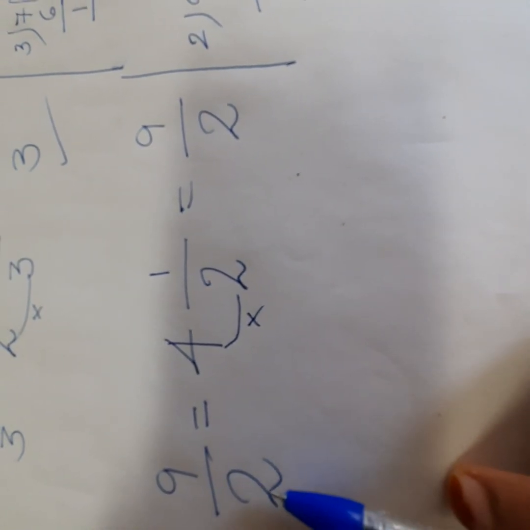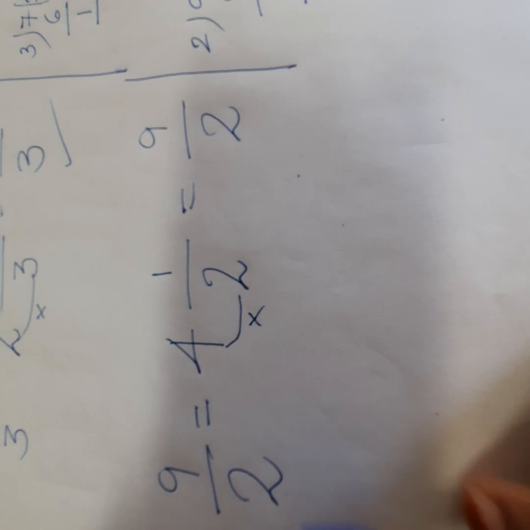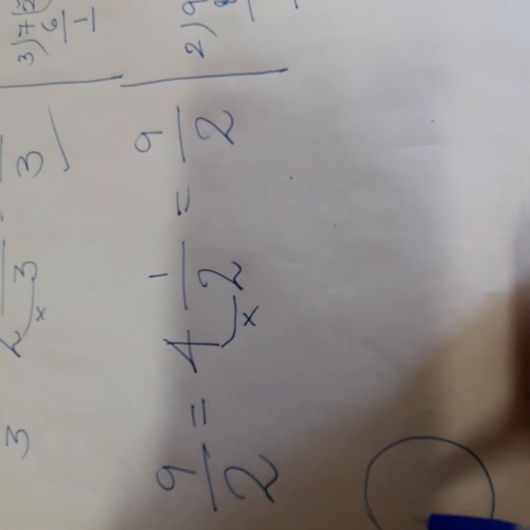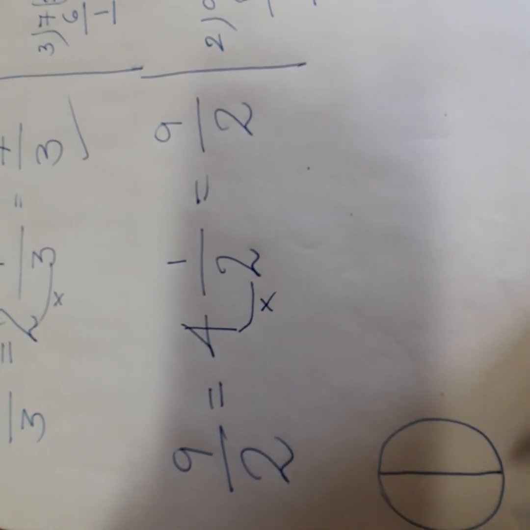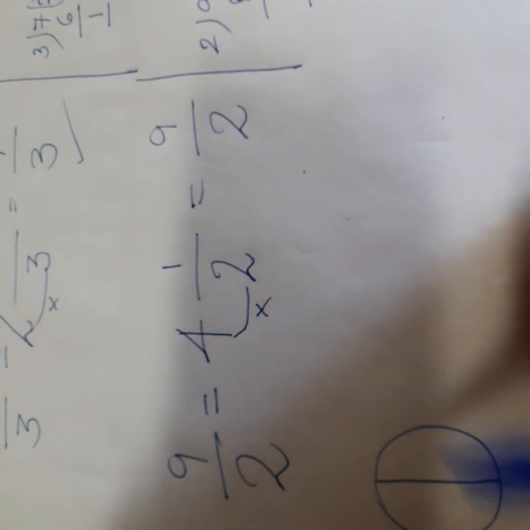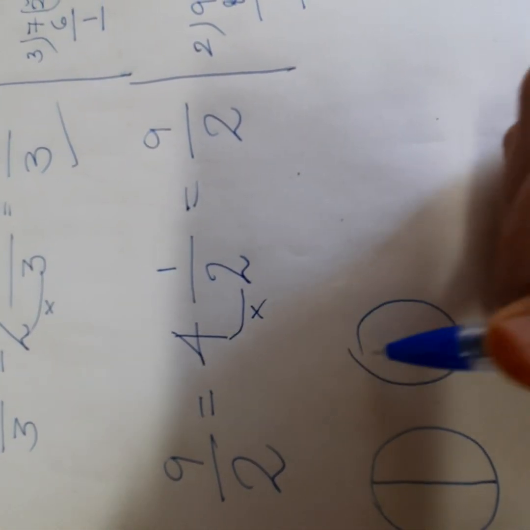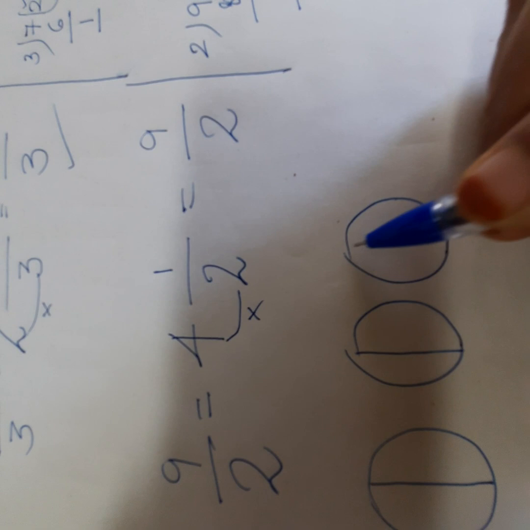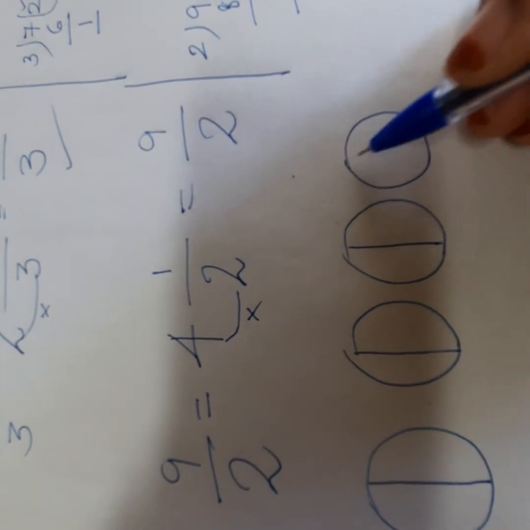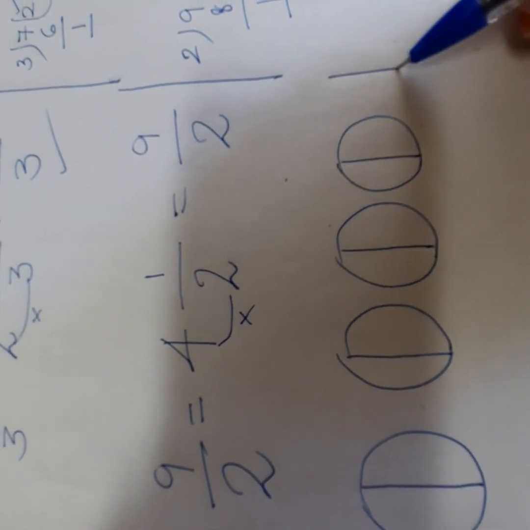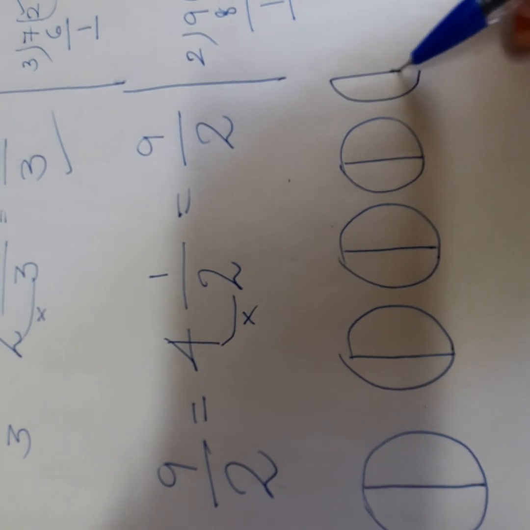In one chapati there are 2 pieces. We have 9 such pieces. So 1, 2, 3, 4, 5, 6, 7, 8 and 9.